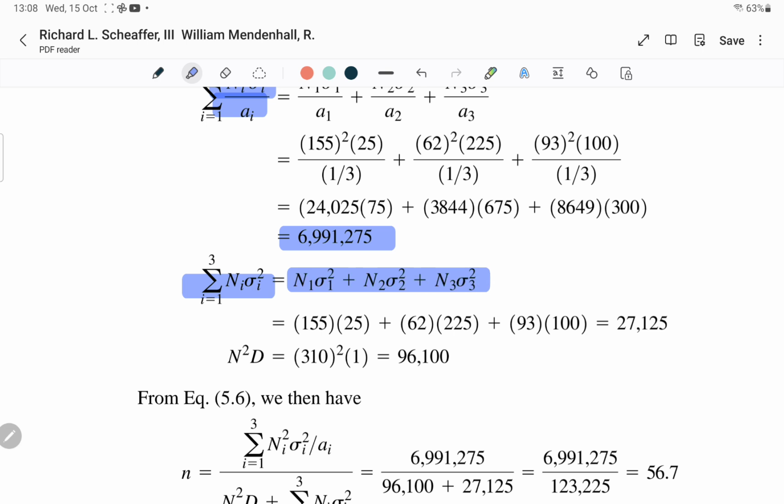So that's how the denominator is expanded, and we have calculated the value 27,125, and N square D is equal to 96,100. So all the terms have been completed. Now let me mark all the terms: the first one, second and third, all the terms have been calculated.